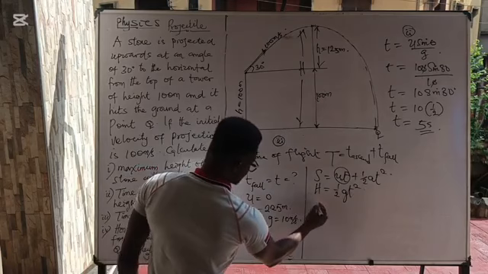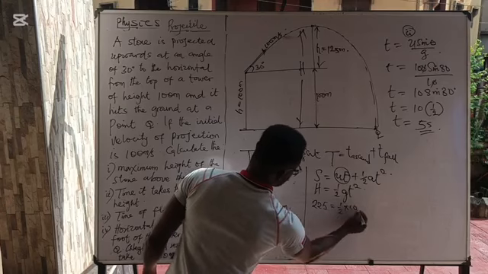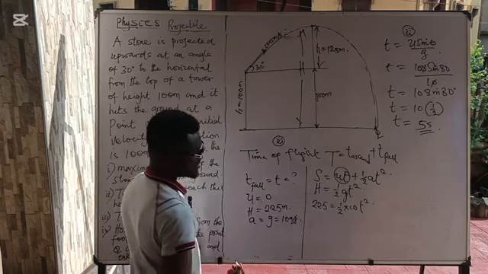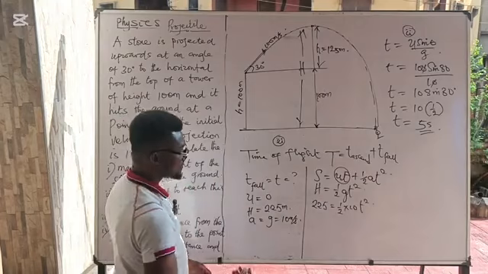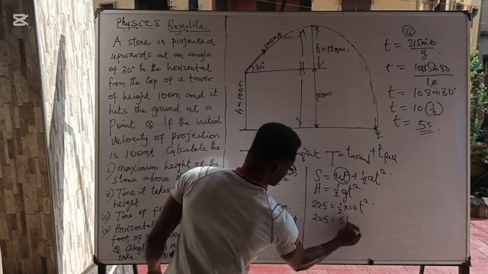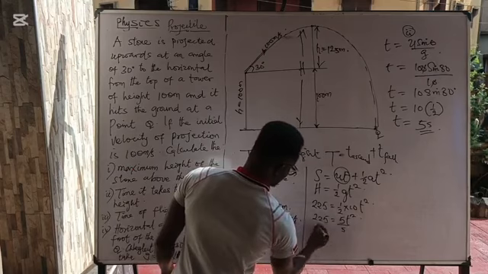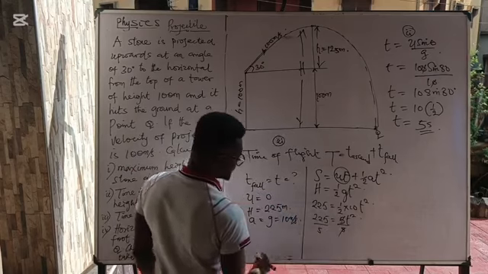So at this point, h is 225. Half of g is 10. Then t squared, right? So half of 10 will give us what? 5. So I have 225 equal to 5 t squared. So divide both sides now by 5. This will cancel out.